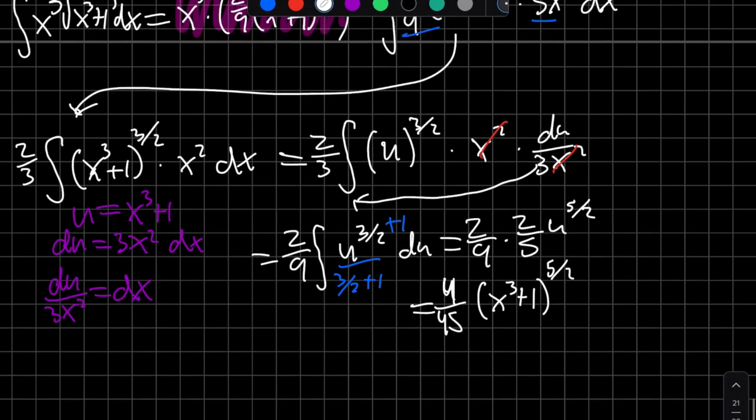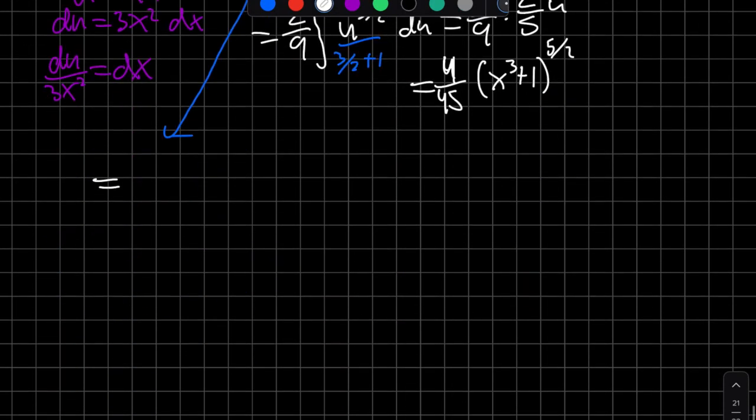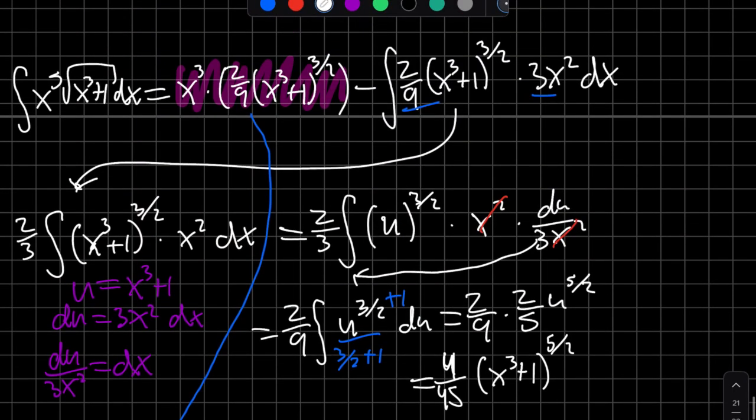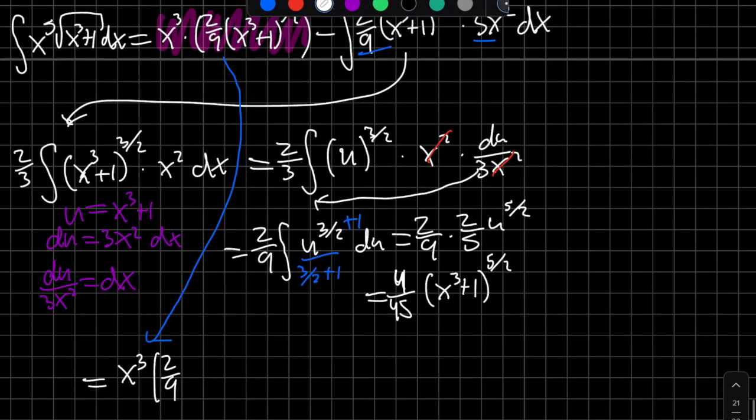So we need to go ahead and bring this down, like the beginning part right here that we had from our integration by parts formula. So let's go see what we have. We have x cubed times 2/9. Sorry, let's just zoom out so we can see. So it's x cubed times 2/9 of x cubed plus 1 to the 3/2 power.